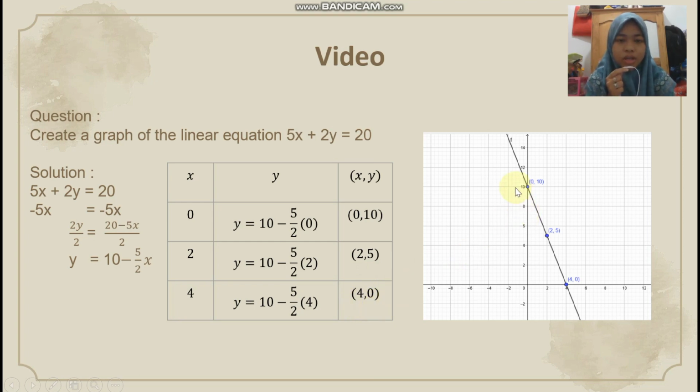And we can draw a line with the x and y points. And this is the line.